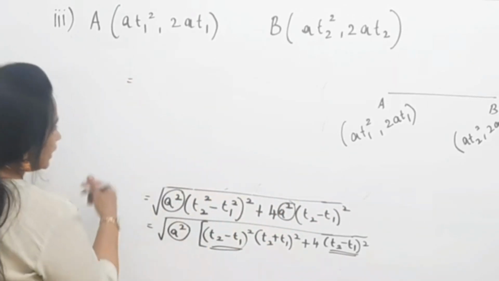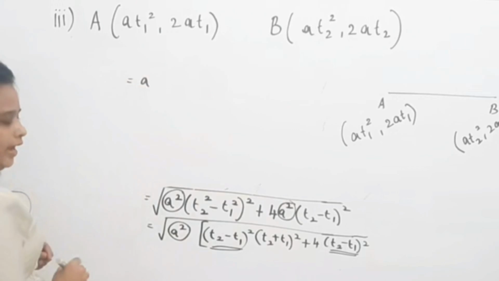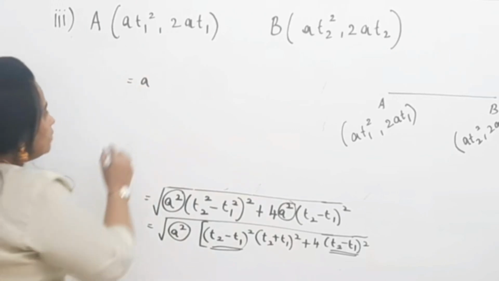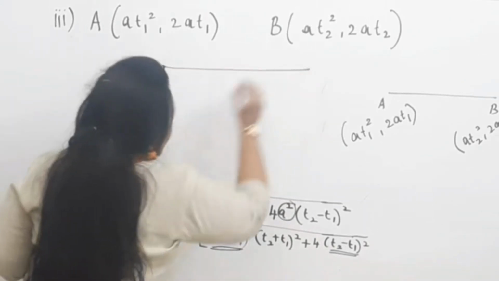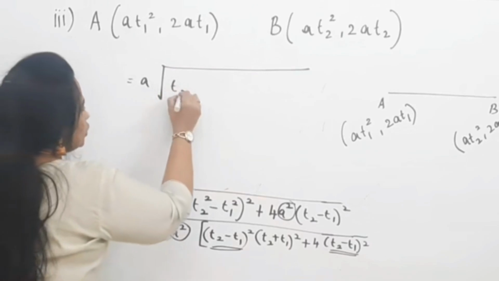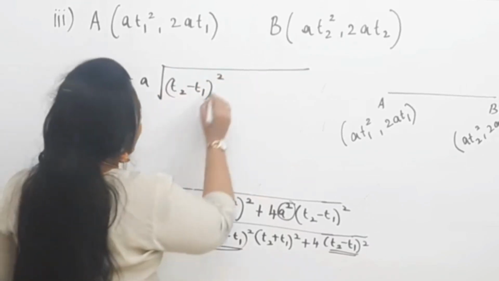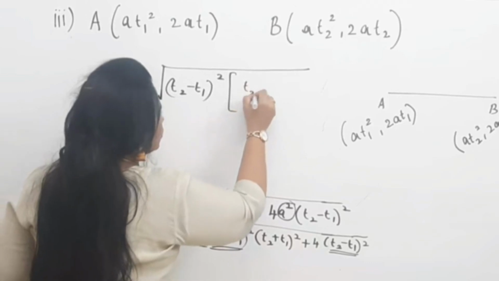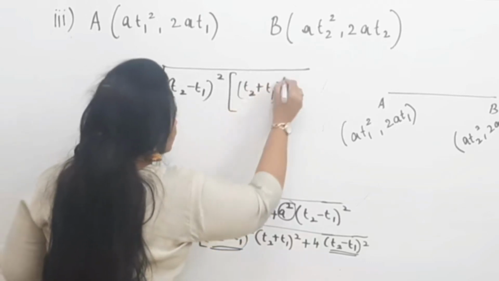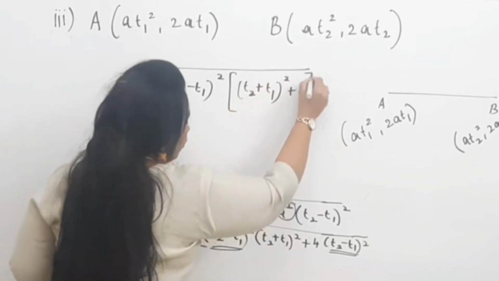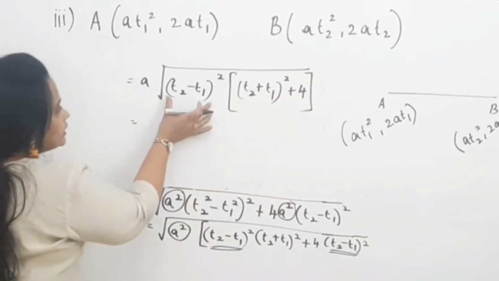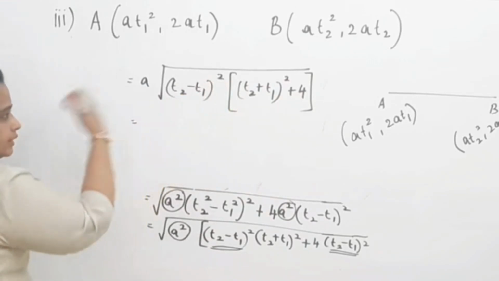a square, I take it out, that becomes a. The square root of a square becomes a. So in the square root, (t2 minus t1) the whole square, I would take it out and I am left with (t2 plus t1) the whole square plus 4. Now this again the square, take it out.